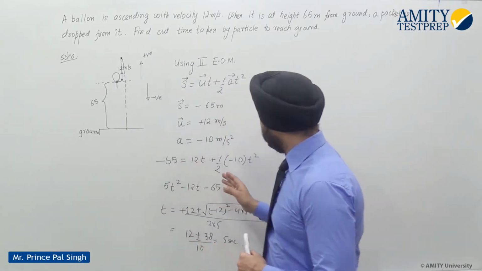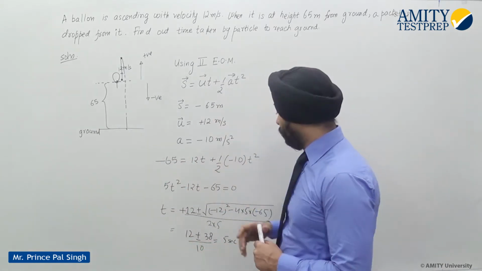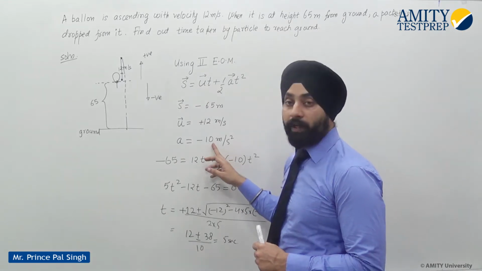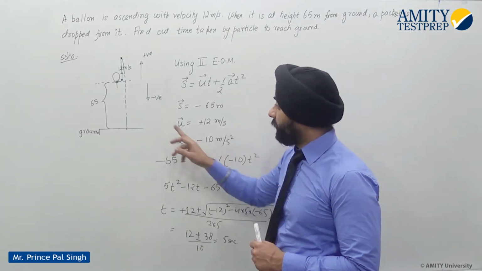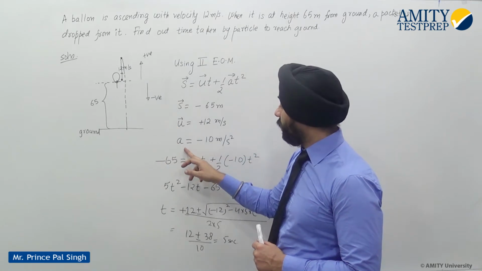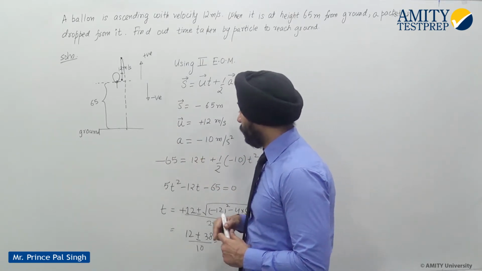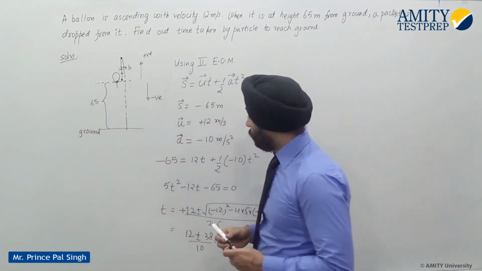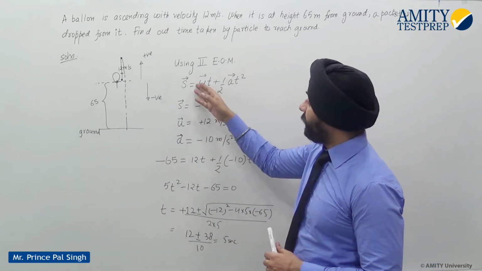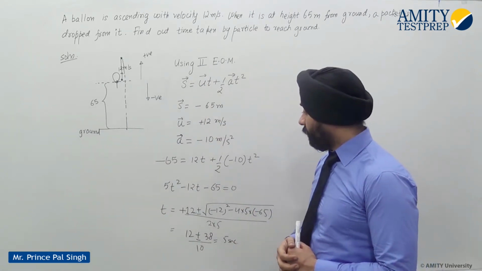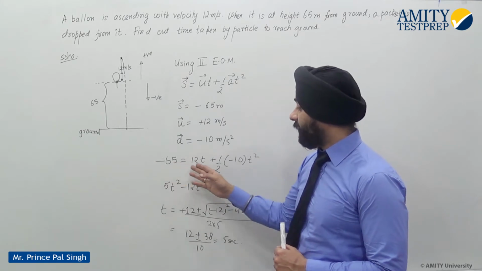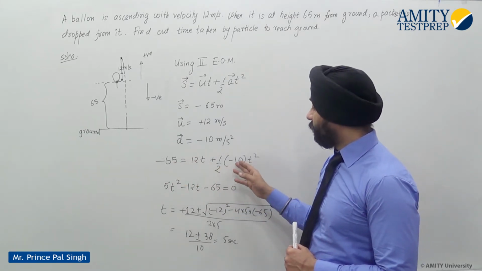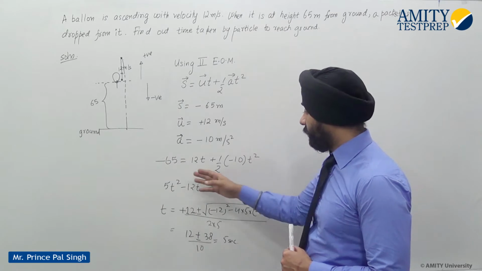So the acceleration throughout the motion is 10 meters per second square in the downward direction. The downward direction is taken to be negative, so a equal to minus 10 meters per second square. So when we put the value over here, we get minus 65 equal to 12t plus half into minus 10 t square.